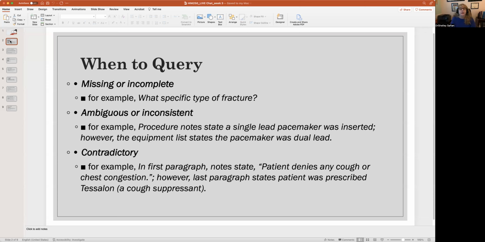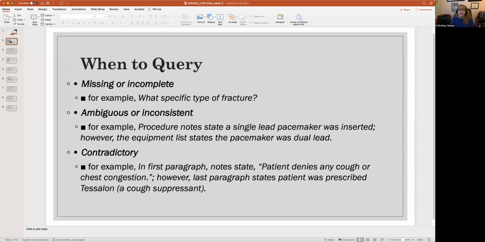That is something they learned in medical school. They just didn't realize you needed to know it. So you have to query and ask them to complete the information in the medical record so you can then go back to the medical record, get the details, and report a complete code.